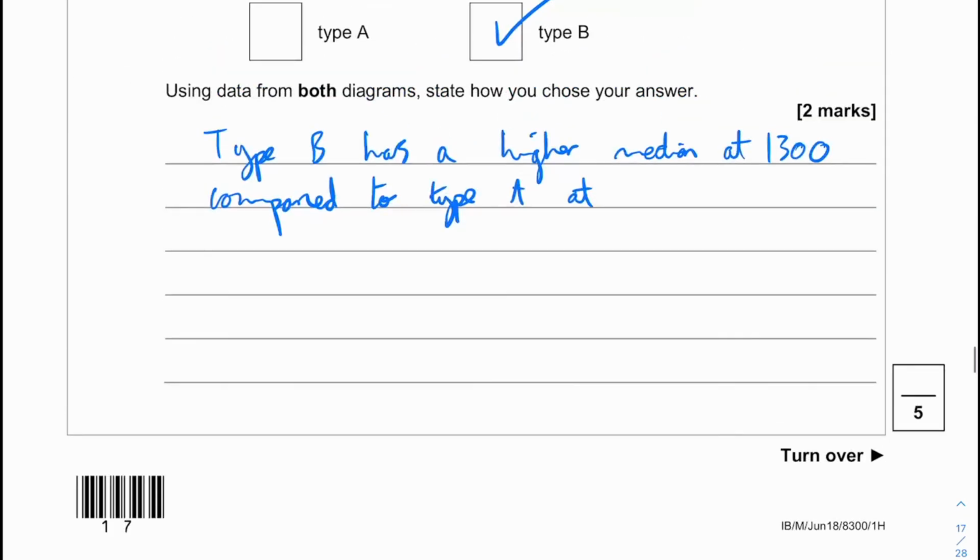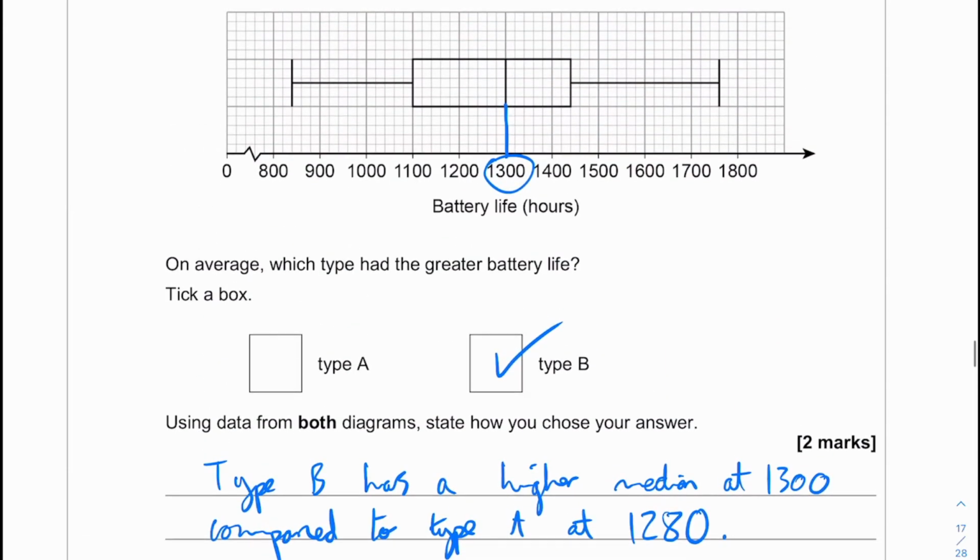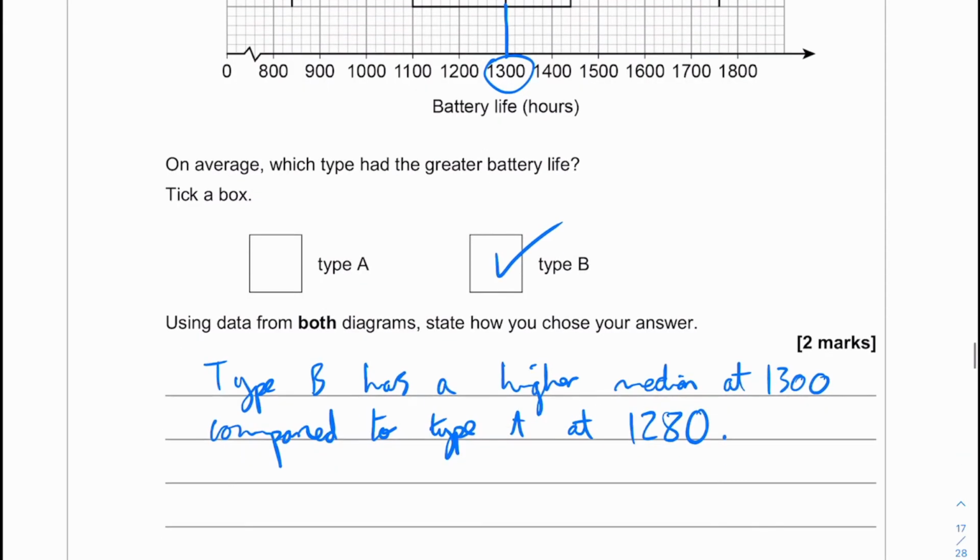Yeah, at 1280, and that will be enough for the 2 marks, although I mean you can't say for certain as the median is not the average value, but it's as good as we can get in terms of estimating which has got the greater battery life. So type B, and it has a greater median.